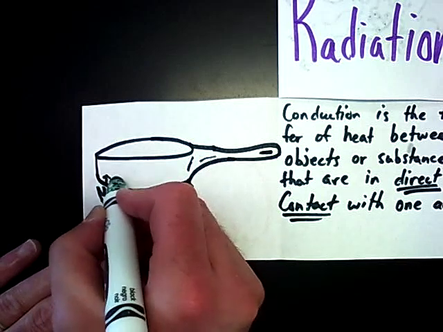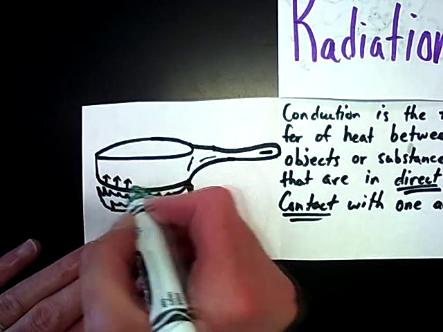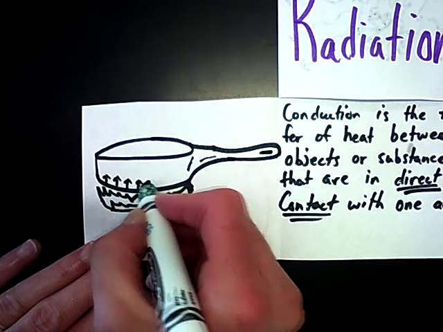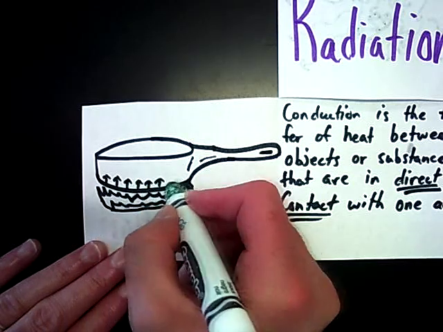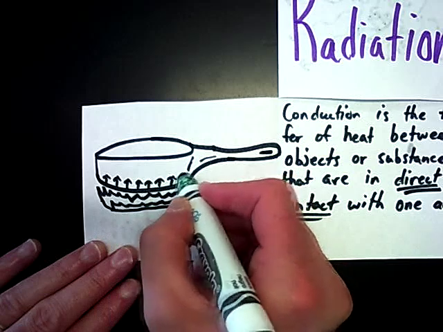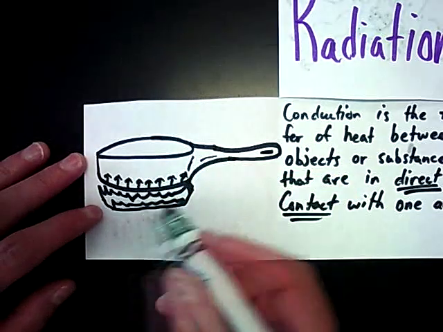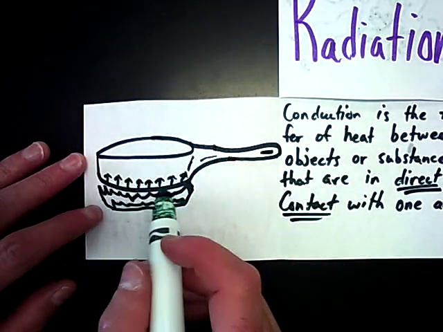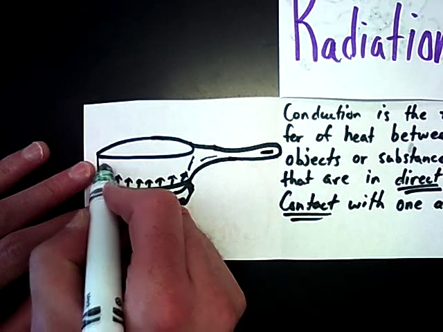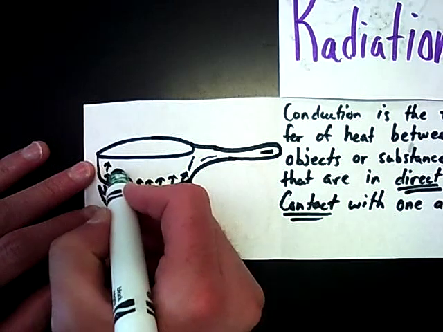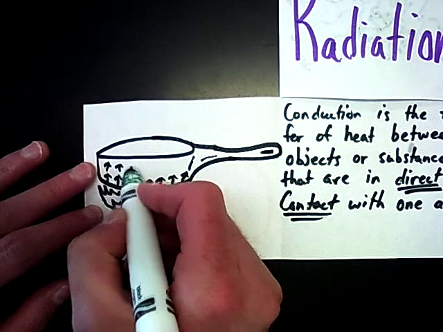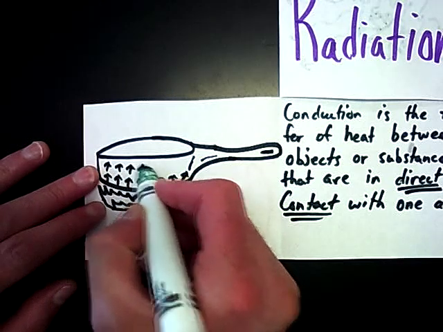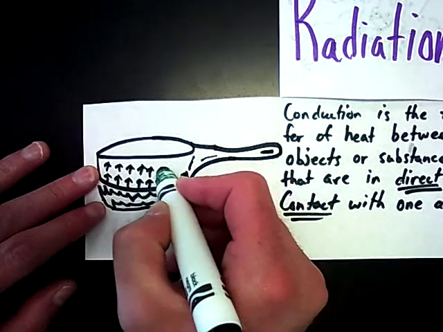And I'll draw some arrows that represent the heat. So the heat will first move into the bottom because that's where the heat is being applied. Now, as time goes by, these arrows will move up. The heat will move up through the material.